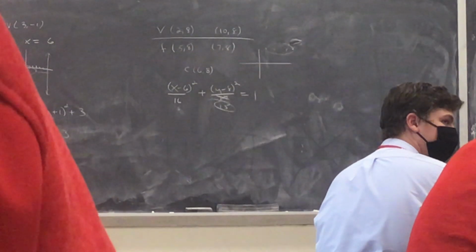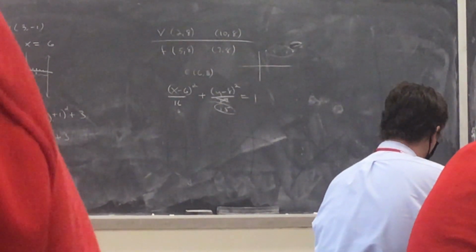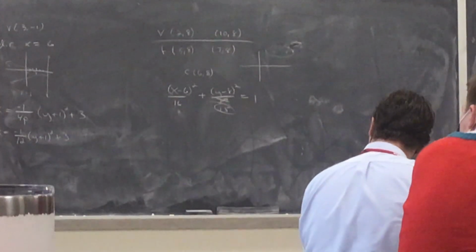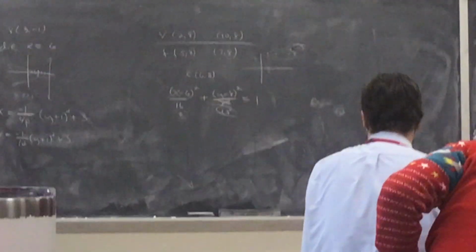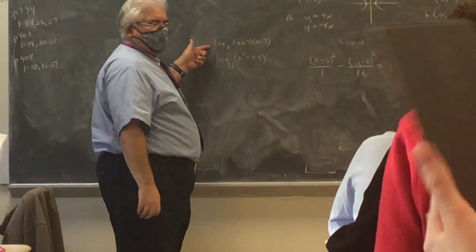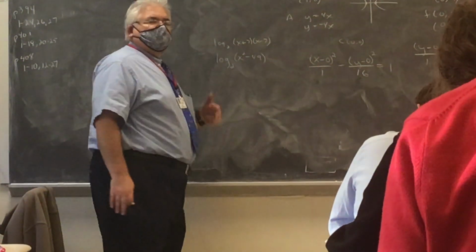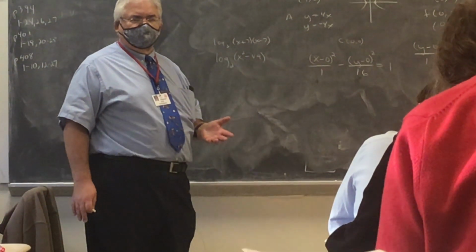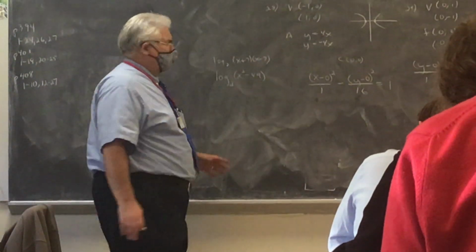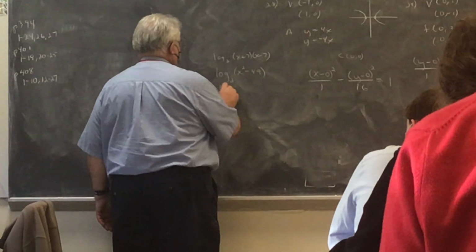One of the questions I got, it turned out that the answer was something like log base 2 of x squared minus 49. And right before it was log base 2 of x plus 7 times x minus 7. Now, is this acceptable? Yeah, but this is the same. But here's what I don't want you to do. What some people do is they write it like this.